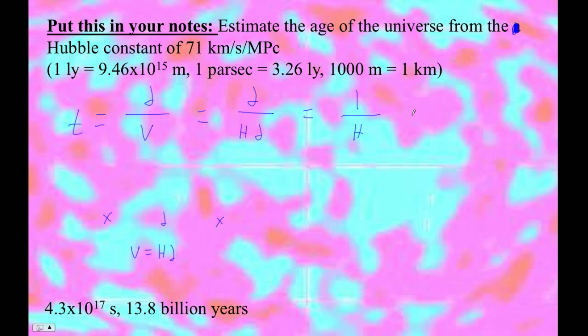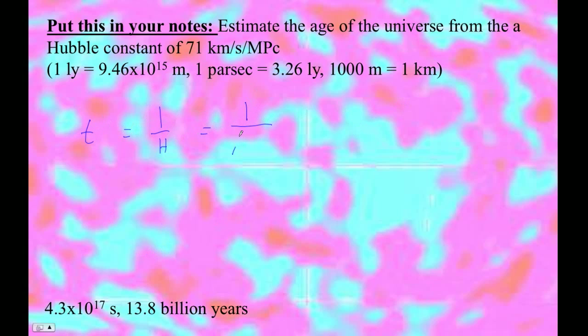And then the question is how do we do that? I'll show you. So the age of the universe is 1 over the Hubble constant. So that's 1 divided by 71 kilometers per second per megaparsec.